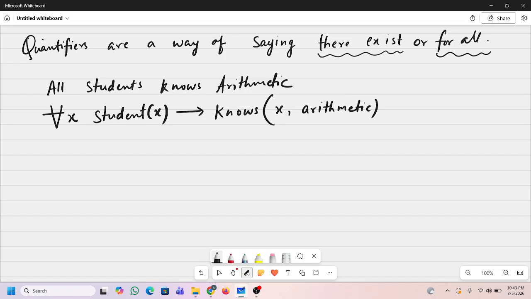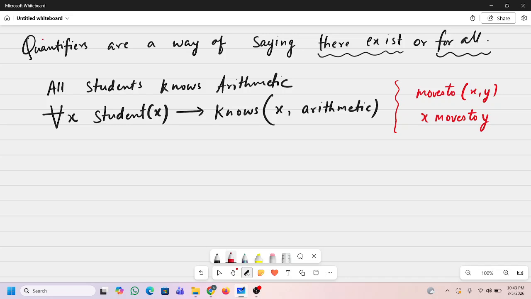Similarly, if you have something written like moves_to(x, y), this basically means x moves to y. This is just an example. So this was the FOL version, in first order logic.